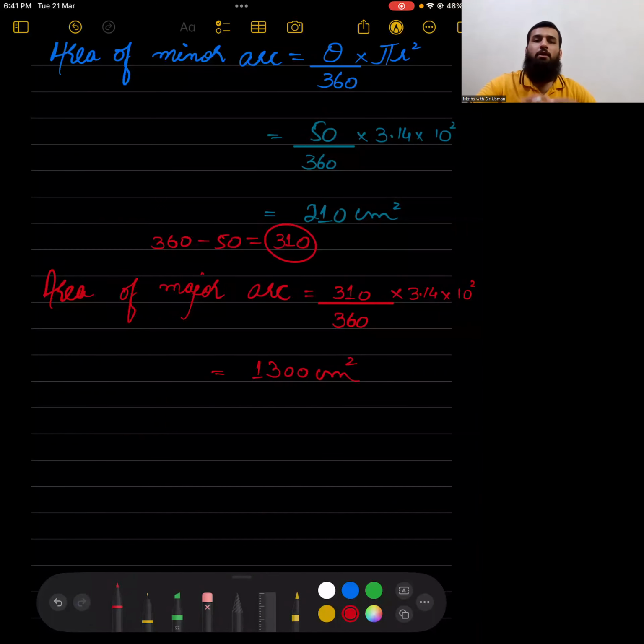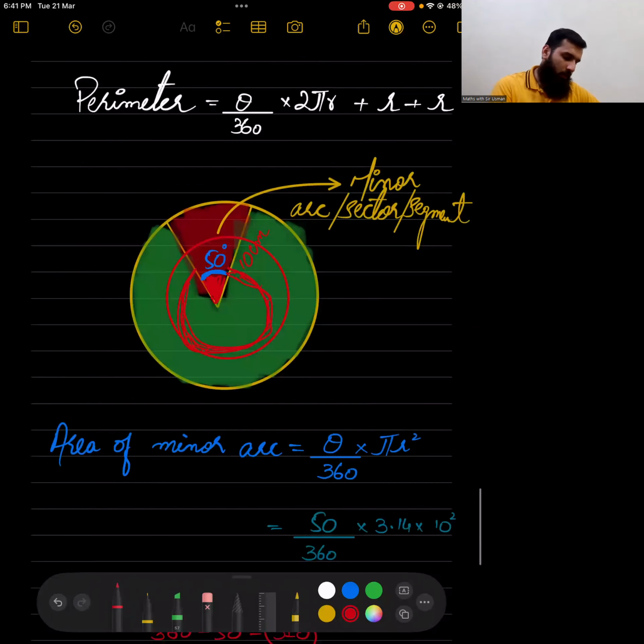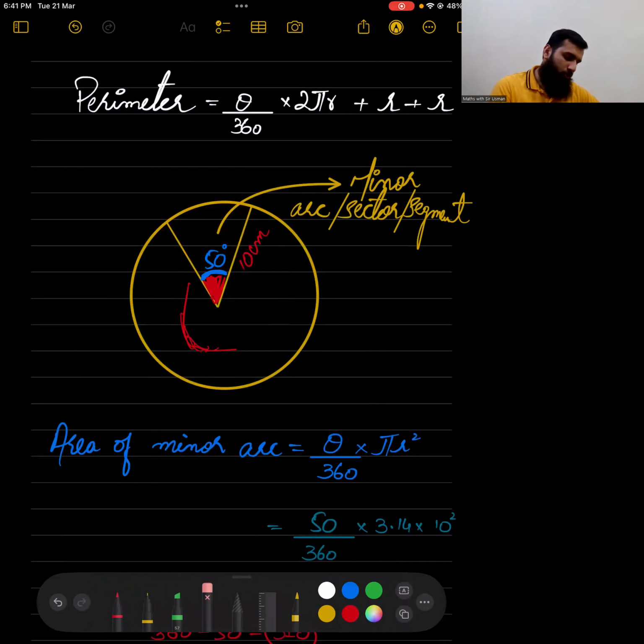Now, if we talk about the area, or the circumference, or the perimeter, you just need to remember one thing. If I'm dealing with the minor arc, I'll pick up the angle of the smaller portion. And if I'm dealing with the major arc, I'll pick up the angle of the greater region right over here.